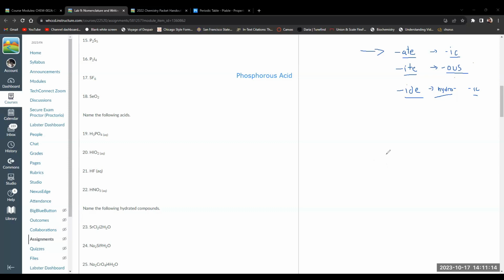Let's dissect the name here. We have the OUS ending. So now we're going to change that to ITE. And then we have this suffix, which we know stems from our polyatomic.